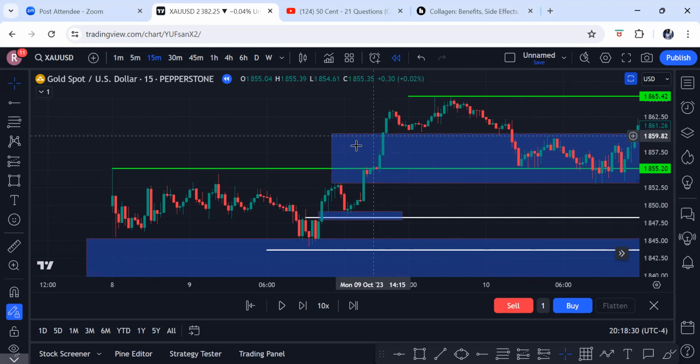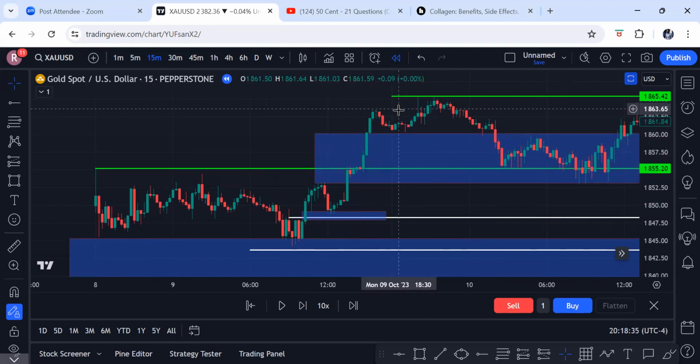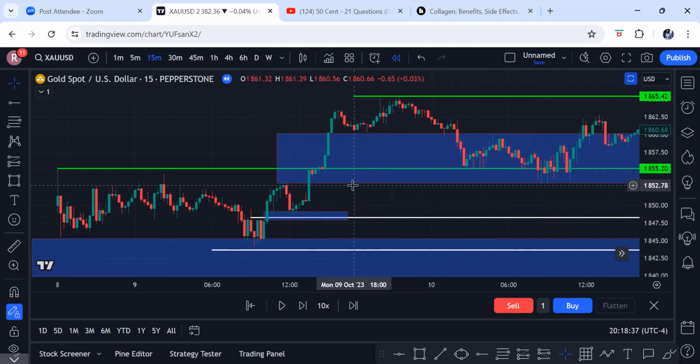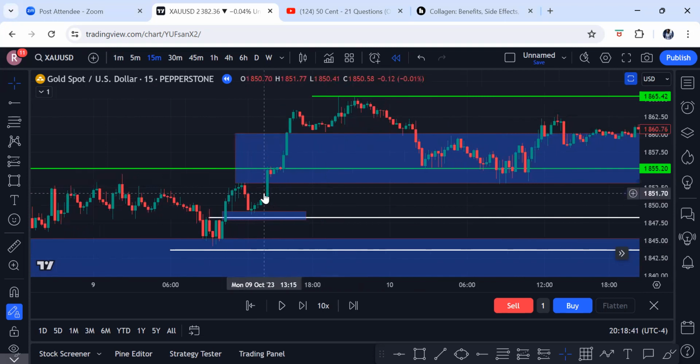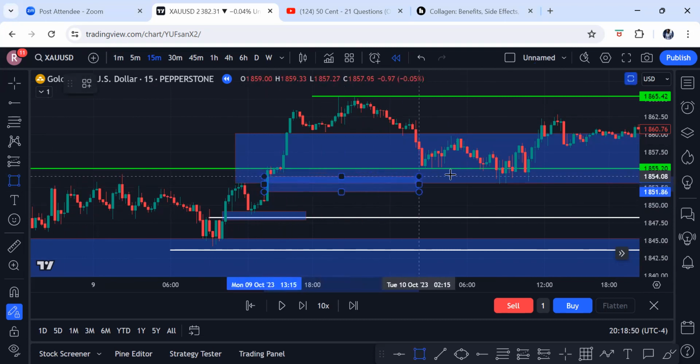Now, two, we know that this here was another area of imbalance. When we look at this, we're looking at this area as our imbalance. More likely than not, on a 15-minute perspective, this would have been your imbalance here.